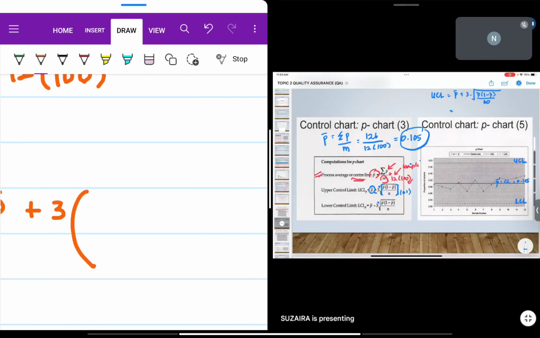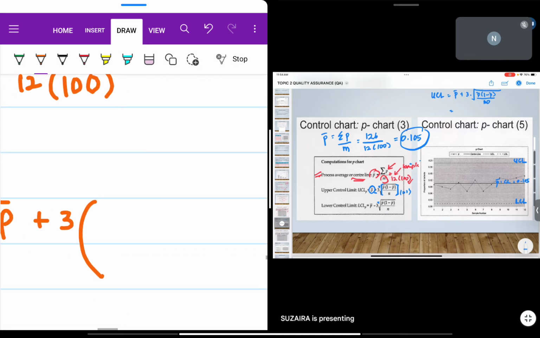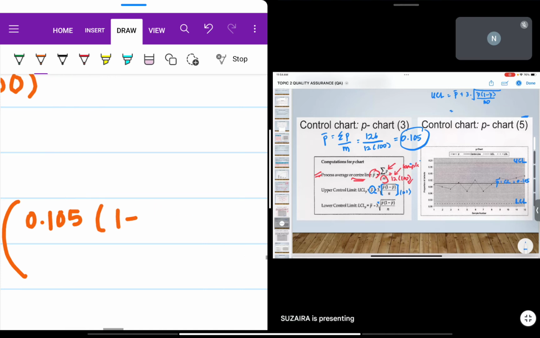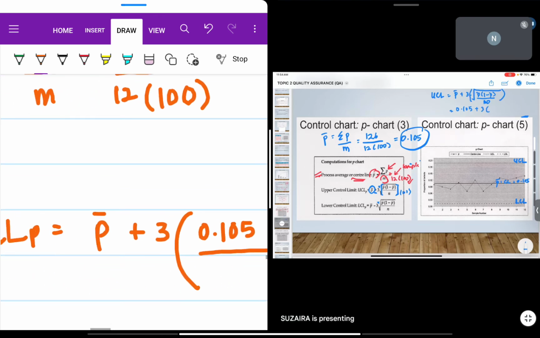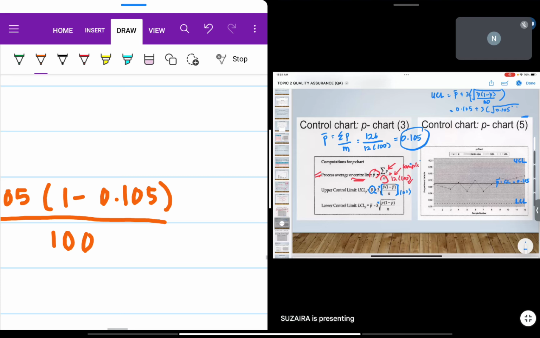Okay, so try to calculate how many you get for the UCL and also the LCL.